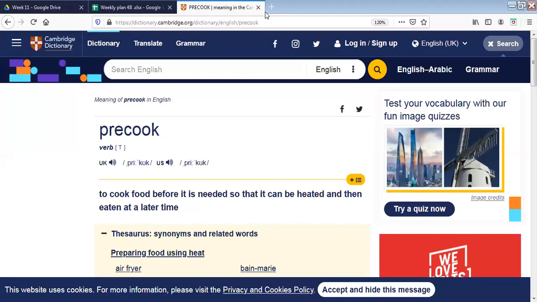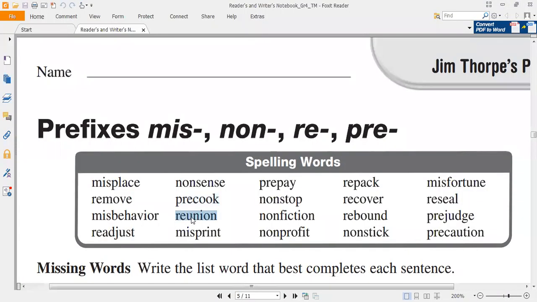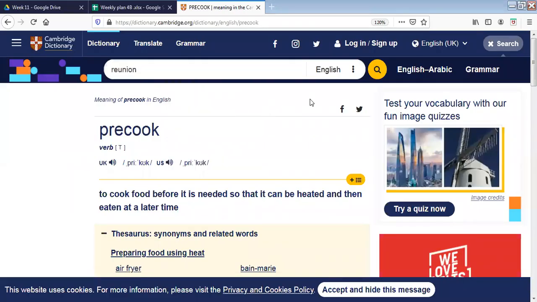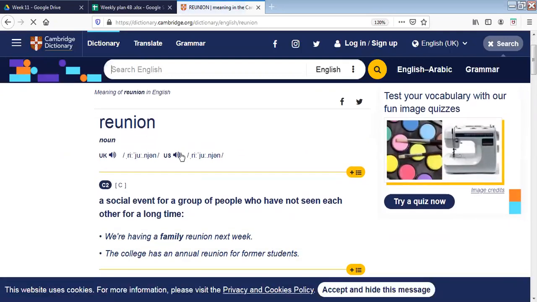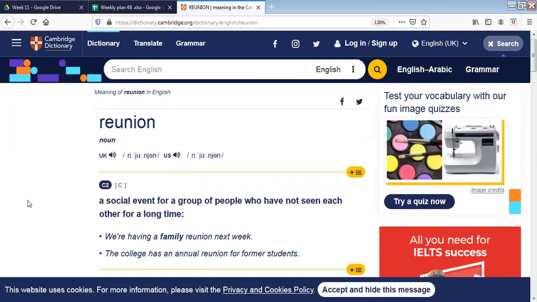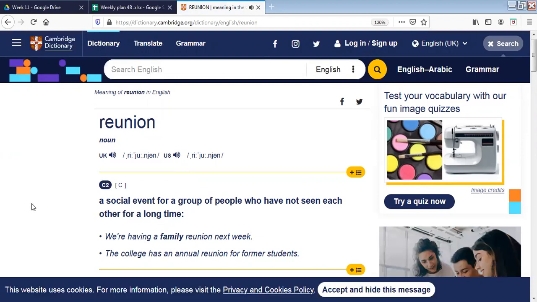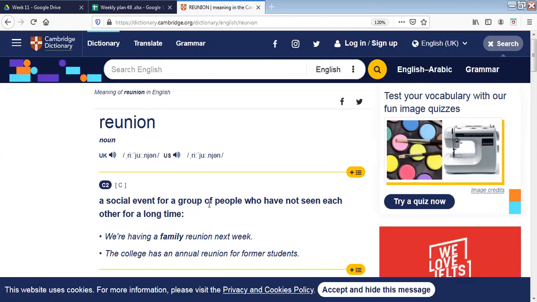The next one, listen. Reunion. Reunion, it means a social event for a group of people who have not seen each other for a long time.